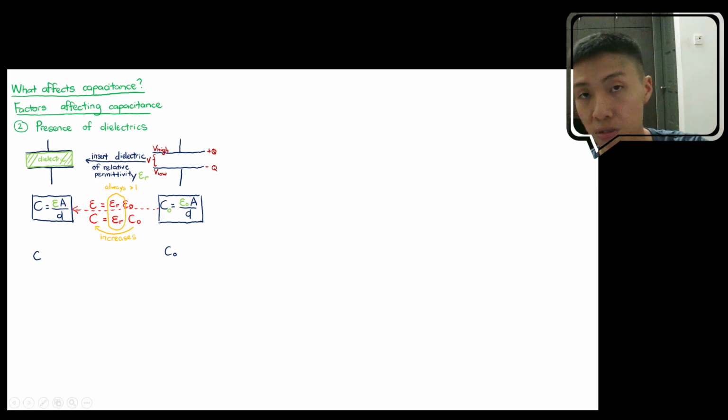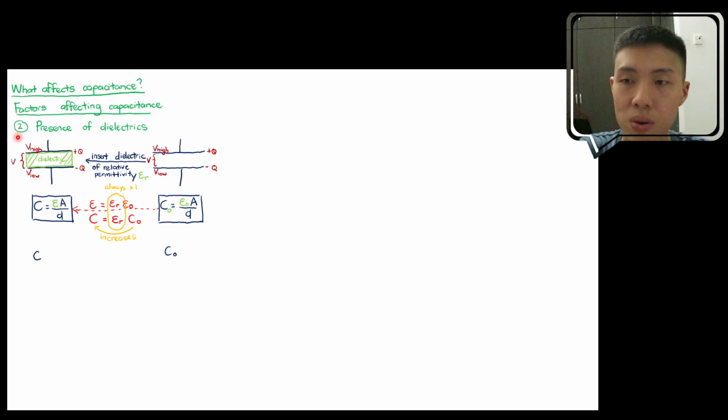Delta V for potential difference is only for chapter 1. Moving on from chapter 1, potential difference is now called V. Just want to save some ink. So this is positive charge Q, negative charge Q. Then, of course, you have V high, you have V low, and because of that, for sure you have V, a potential difference.